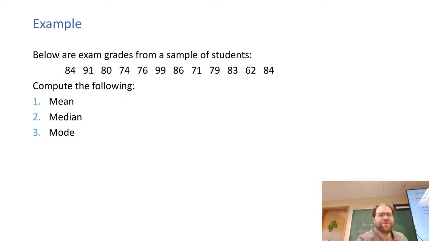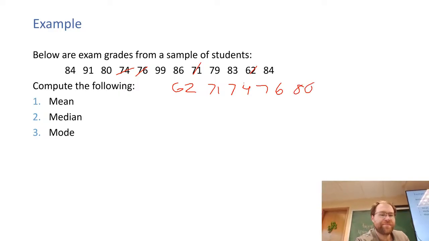So if we rearrange this from lowest to highest, let's see, 62, 71, then what, 74, then 76, and I see an 80, wait, 79. Thanks for that.